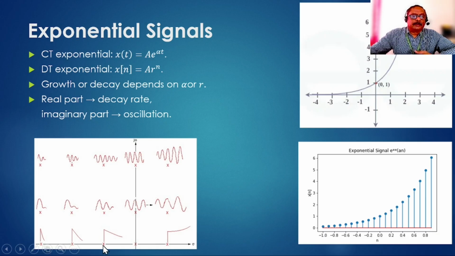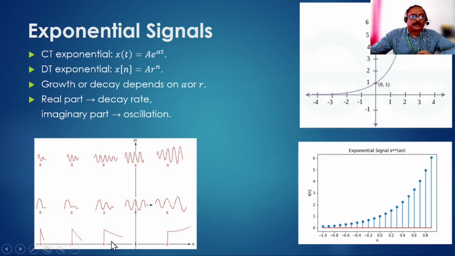But the real component here is negative, therefore it is decaying. The real component here is still negative, but magnitude wise it is more than this value, therefore the decay rate is faster, and this decays even faster, and so on. As you move these points more to the left, the decay rate is faster and faster.